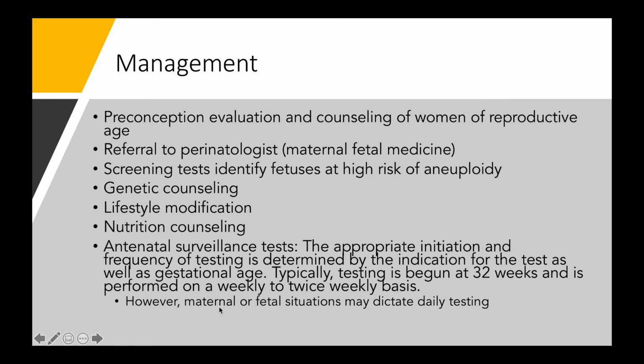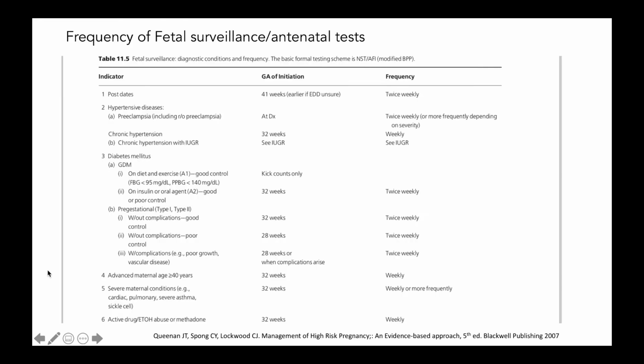And this is performed on a weekly or twice weekly basis. However, maternal or fetal situations may dictate more frequent testing, such as 2 or 3 times a week or sometimes even daily testing. So here is a table that very nicely summarizes the frequency of fetal surveillance or antenatal tests.